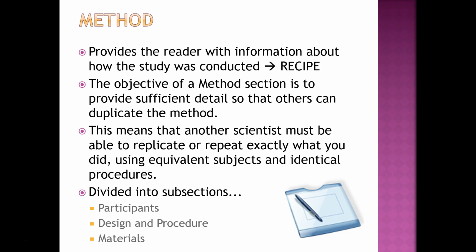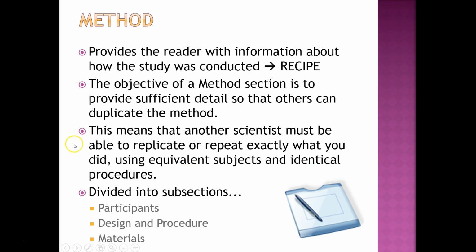But you would provide enough information about their gender, their age, their socioeconomic status, maybe their IQ, depending on what the study is, so that another researcher could find equivalent participants. And identical procedures, meaning they do want to be able to follow exactly what you did using equivalent participants.